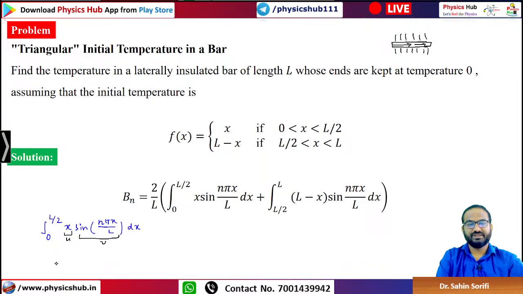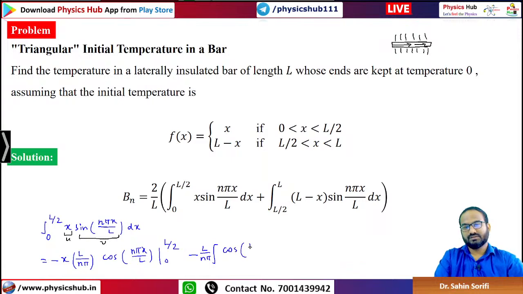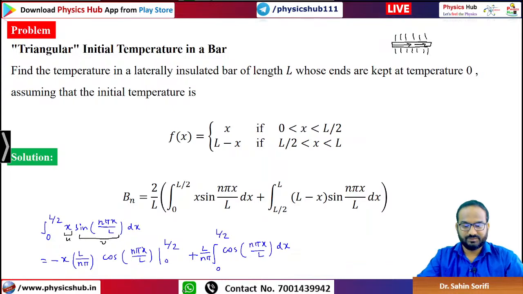So this is equal to u times the integration of v, and the integration of sine is minus cos, so minus cos n pi x by L divided by n pi by L, so L by n pi cos n pi x by L, limit 0 to L by 2, minus the integration of the differentiation of x, which is 1, times the integration of sine, L by n pi cos n pi x by L. One minus from the formula and another minus from the integration of sine, so they become plus, limit 0 to L by 2. I hope this is clear.